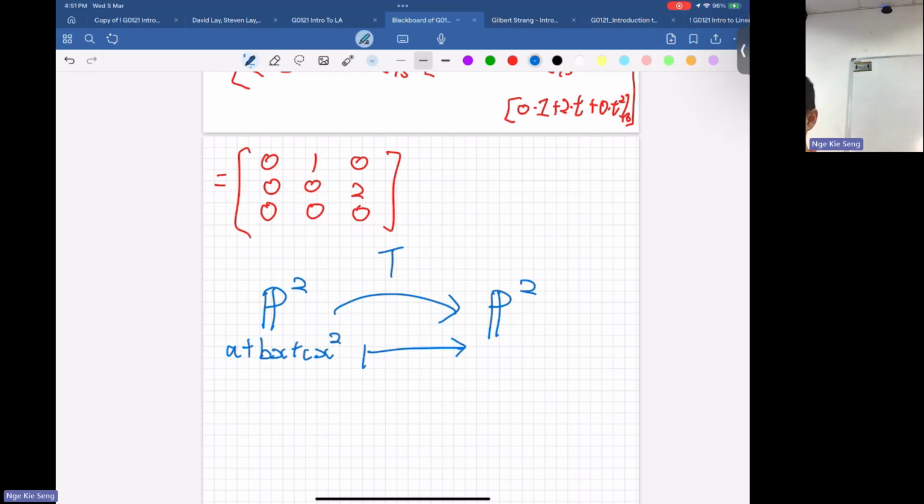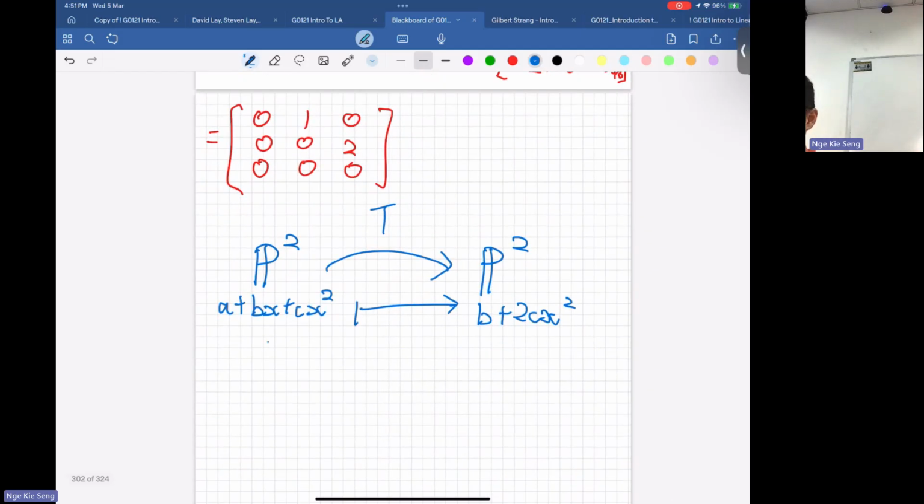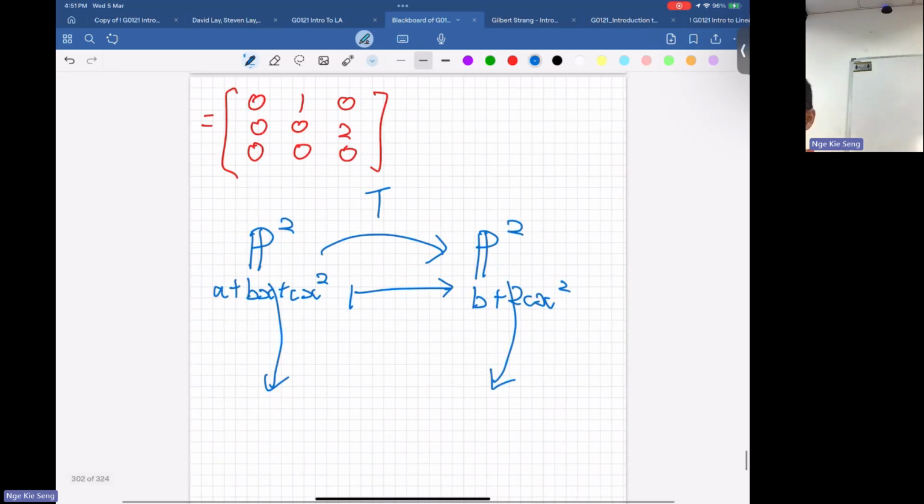If we go through this T, this polynomial becomes b plus 2c x. But we also know there's an isomorphism, a coordinate vector mapping from P2 to R3, in both cases.